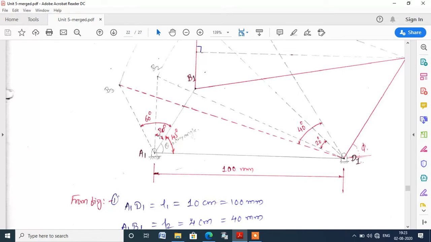You have to take it at an angle of 30 degree with reference to A1 B1. So draw A1 B2 as a dotted line at an angle 30 degree, and the length is the same, that is 40 mm. Then draw another, A1 B3, at an angle of 60 degree, which you again take from the A1 B1 initial position.